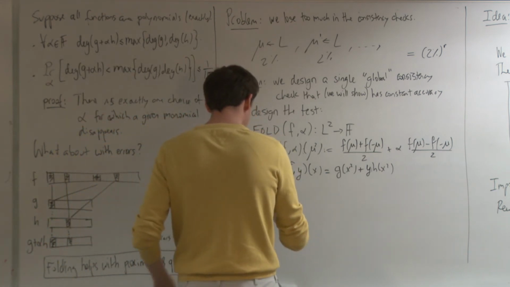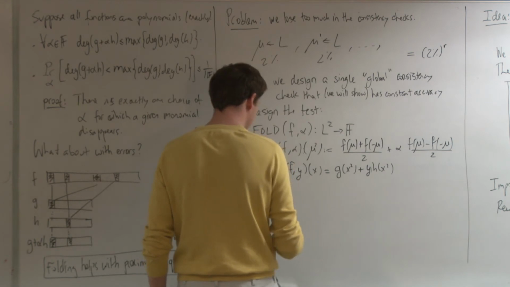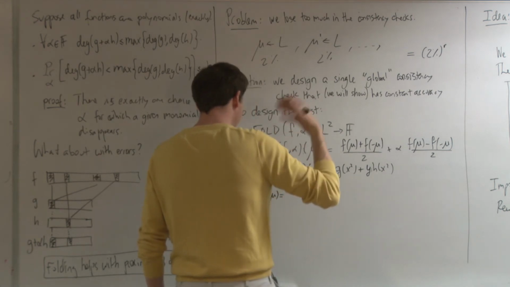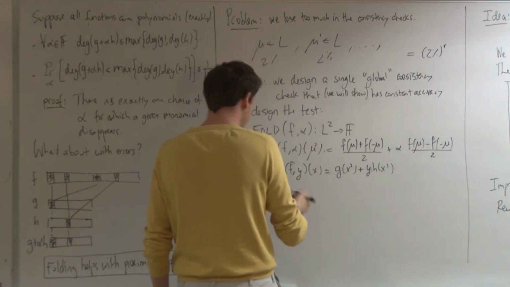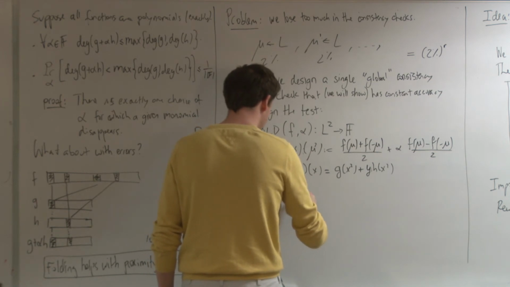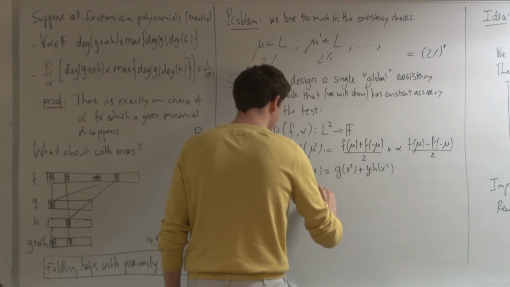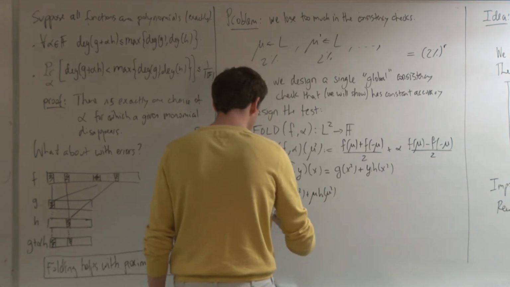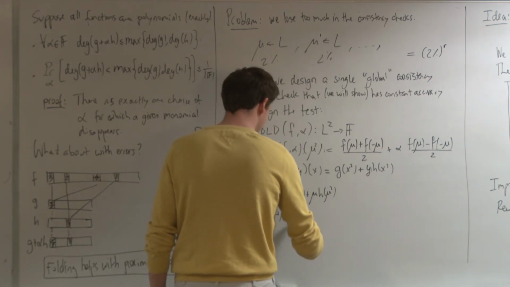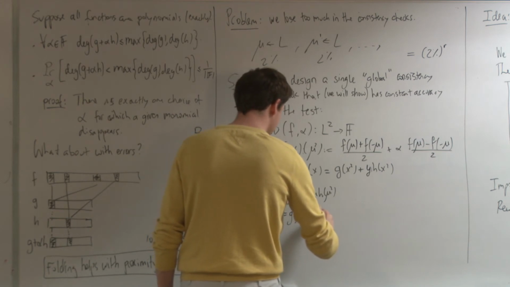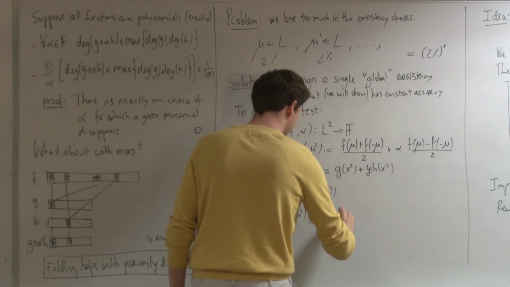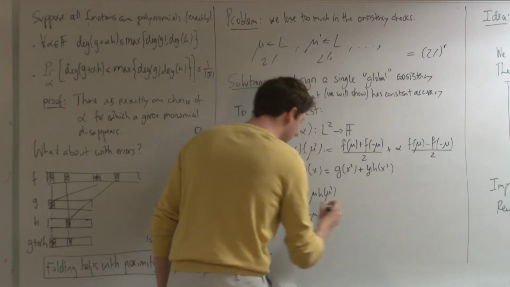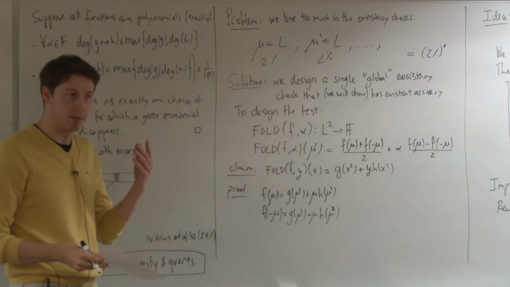So I am thinking in my head, I'm viewing f of mu as g of mu squared plus mu h of mu squared, right? I know that. I also know that f of minus mu is, again, g of mu squared minus mu h of mu squared, right? So g and h is what I really want to think about.